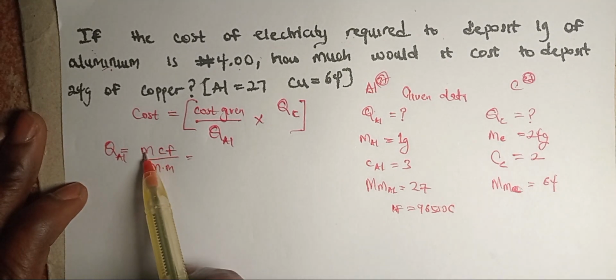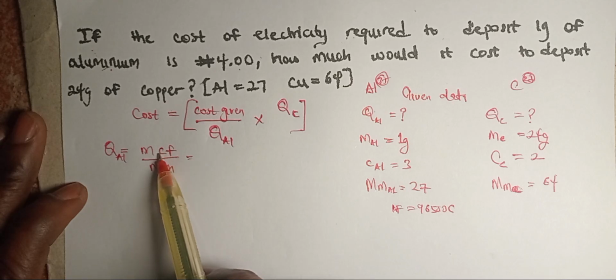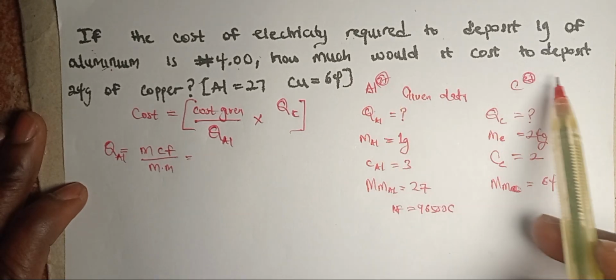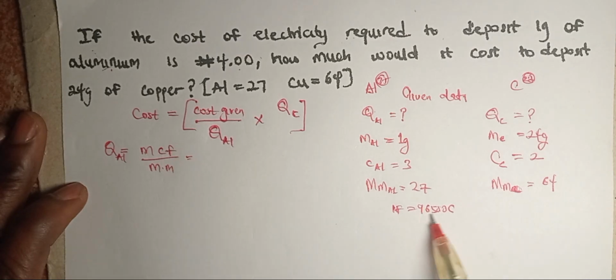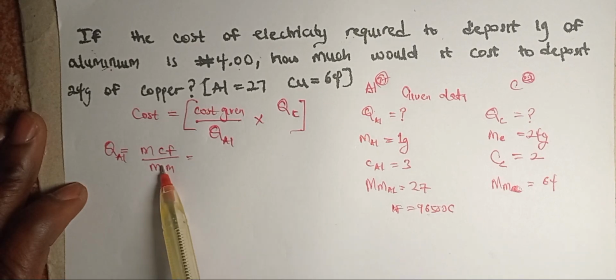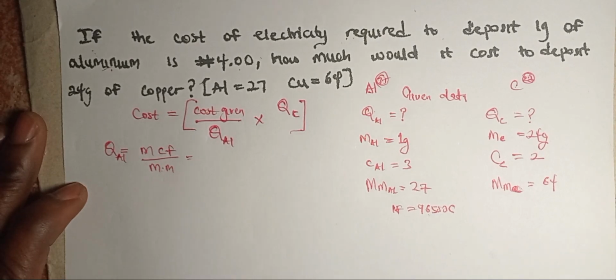M represents mass, C represents charge, F represents the Faraday constant, which is 96,500, and the M at the bottom represents the molar mass.